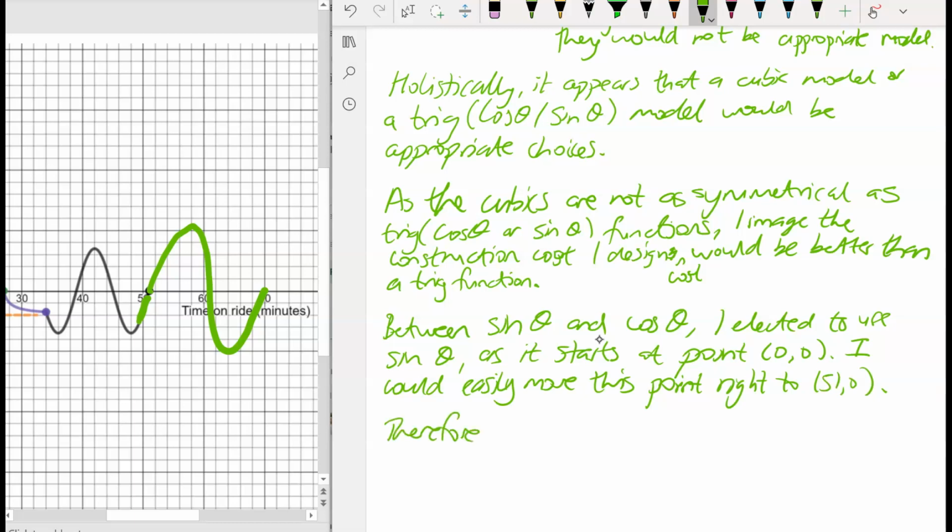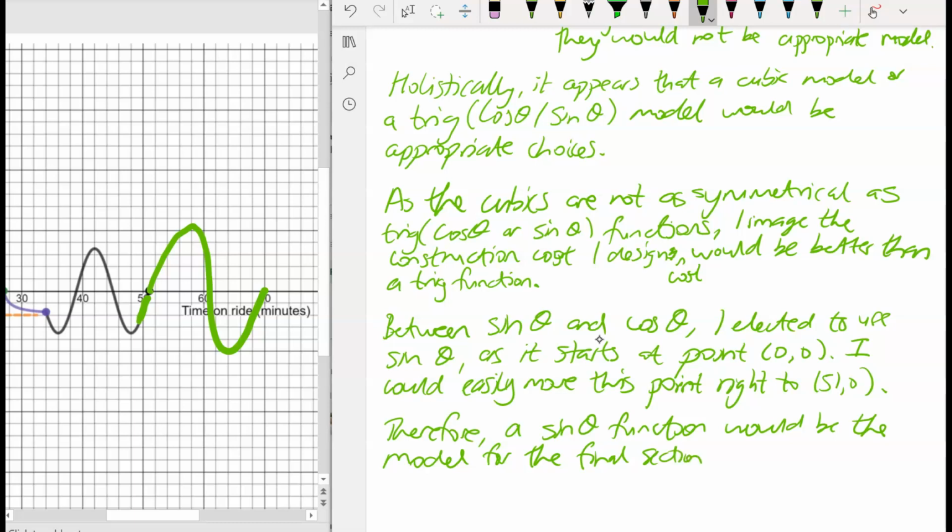And therefore a sine angle function would be the most appropriate model for the final section of the roller coaster.